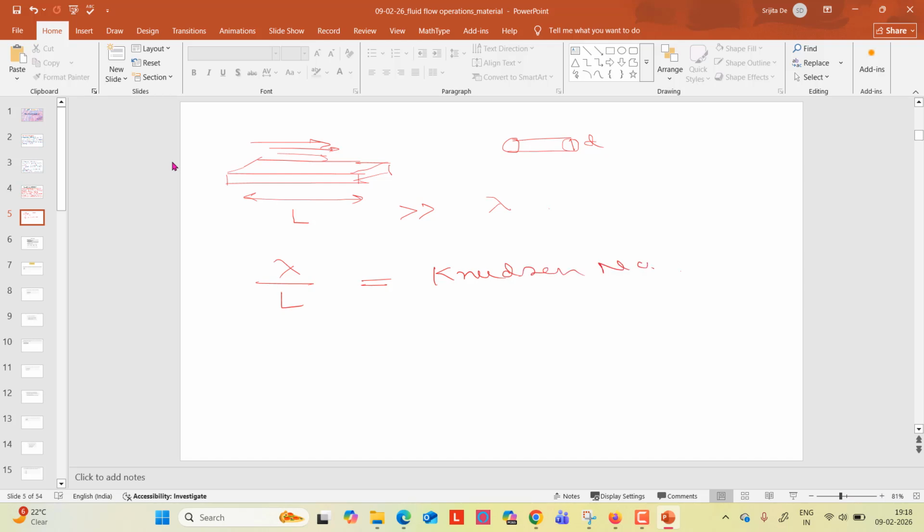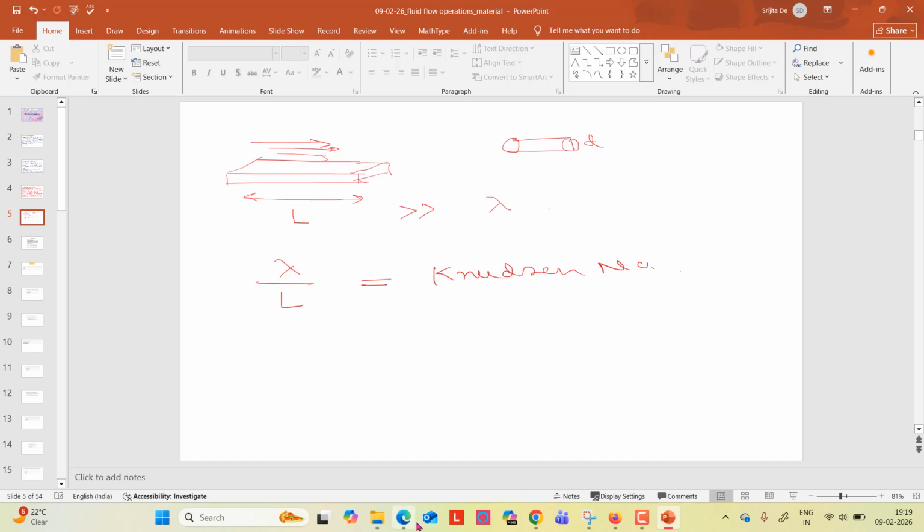Lambda by L has to be very small, less than 0.1, to consider the continuum approach. I'm not going into detail, but you should know this is the Knudsen number ratio. So this is the difference between the Lagrangian and Eulerian approach.